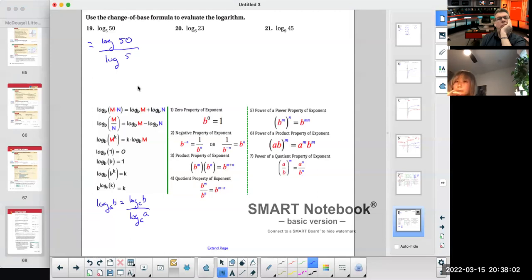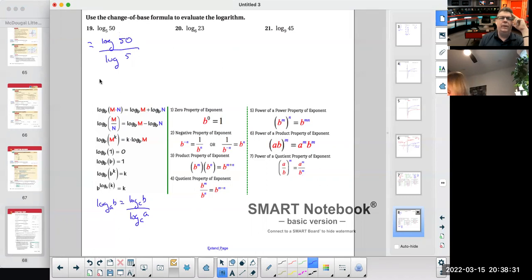I got it. I know, I'm just thinking. Okay, what I think we should do is leave it as base 10. And I had to think ahead two steps here because I was thinking, well, there's nothing to a power that gives me 50, right?